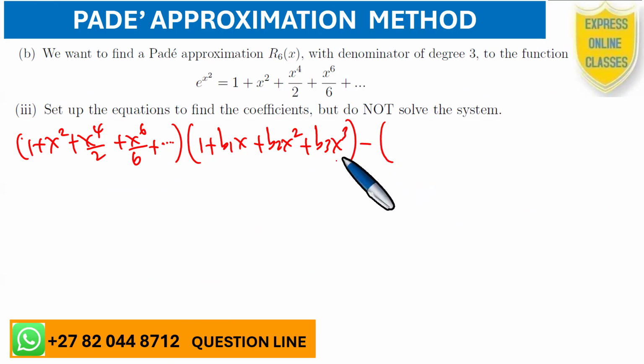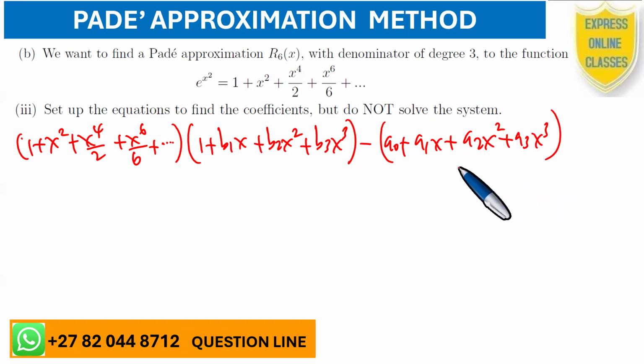Right. Which is a naught, a1x, a2x squared, plus a3x cubed. So this numerator, you're going to equate it to 0.